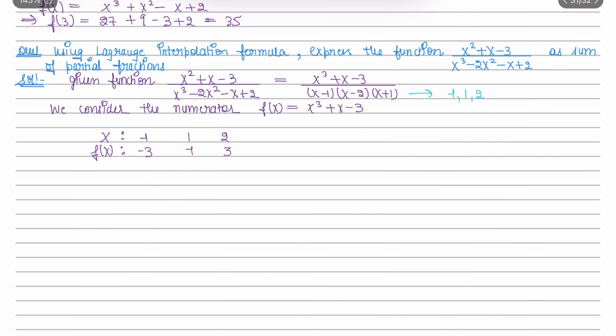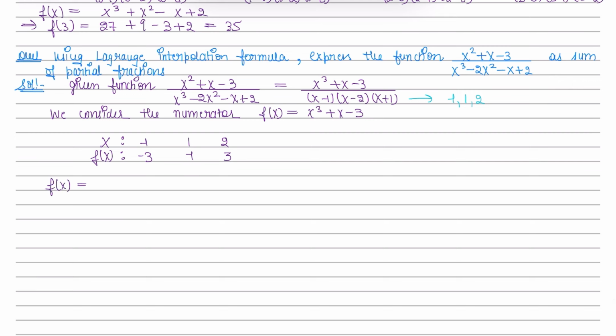Using the Lagrange formula, we can directly write the value of f of x as x minus 1 into x minus 2 whole divided by minus 1 minus 1, minus 1 minus 2 into minus 3, plus x plus 1 into x minus 2 whole divided by 1 plus 1, 1 minus 2 into minus 1, plus x plus 1, x minus 1 whole divided by 2 plus 1, 2 minus 1 into 3.